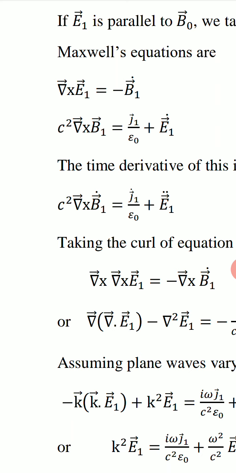Similarly, fourth Maxwell equation is for curl B, and curl B, del cross B, is equal to mu 0 into J plus epsilon 0 delta E upon delta T. It is the Maxwell's fourth equation, which we write here as C square del cross B1 equal to J1 upon epsilon 0 plus E1 dot.